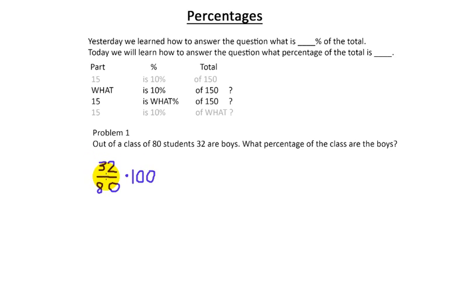I said I have to divide 32 by 80 and then multiply whatever I find by 100. 32 divided by 80 would give me a result of 0.4. And I have to multiply that, as we said, by 100. 0.4 times 100 makes 40.